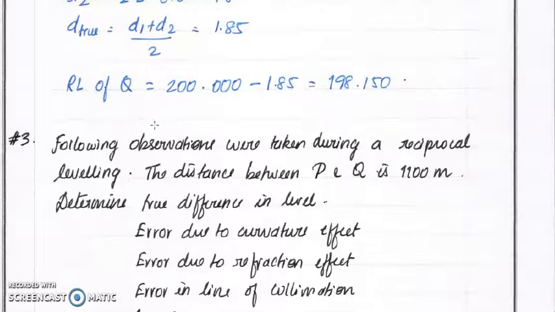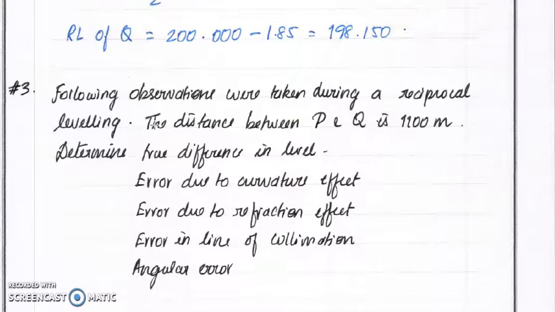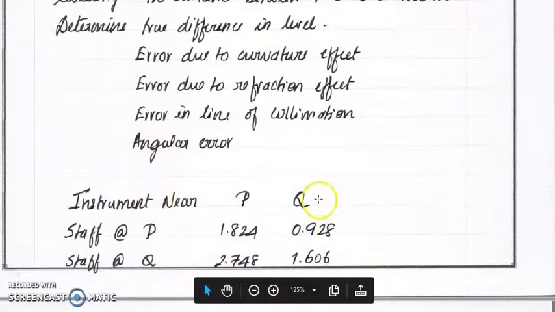The following observations were taken during a reciprocal leveling. The distance between P and Q is 1100 meter. Determine the true difference in level, the error due to curvature, the error due to refraction, the error in line of collimation, and the angular error. The given data, with the instrument at P, are 1.824 and 0.928.